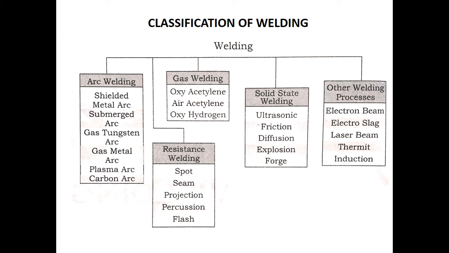I will explain in detail what it is all about. What is shown in this picture is a schematic representation of different welding processes, say arc welding, resistance welding, gas welding, solid state welding, other welding processes.